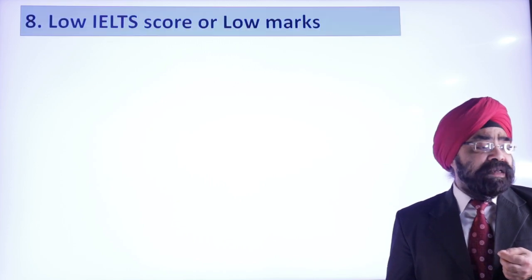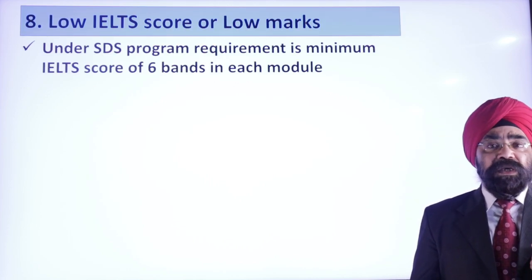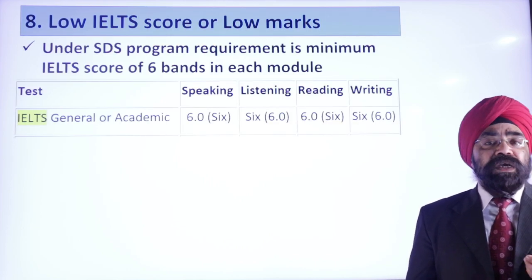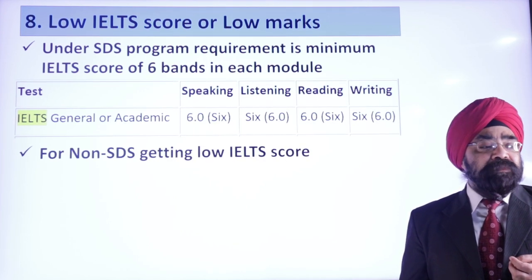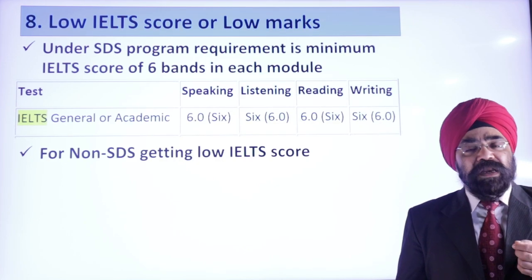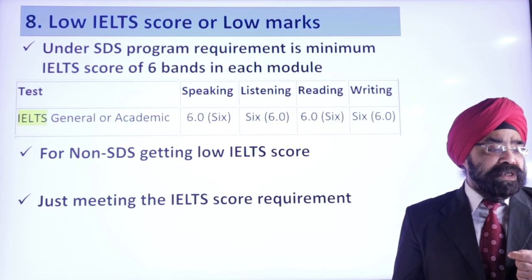And if you are opting for a tough course which requires very strong English skills, the chances of refusal are high. And if you have a non-SDS course and a low IELTS score, again the chances of refusal are very high.